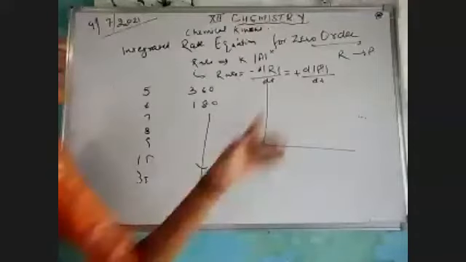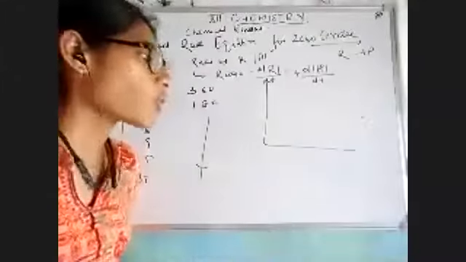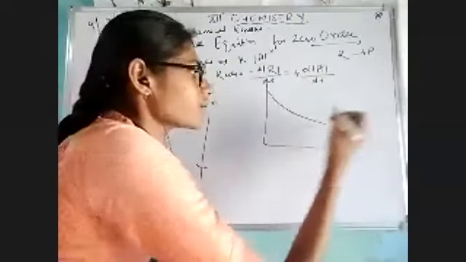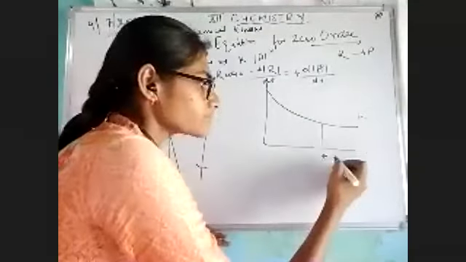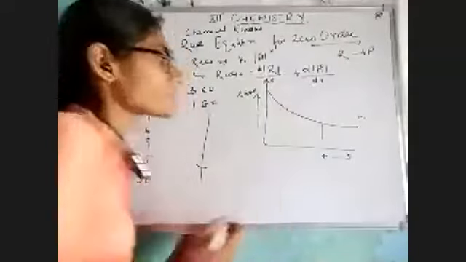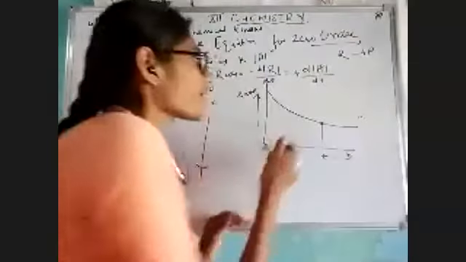Writing the differential rate equation in a graph is very difficult, because we have to calculate the different types of reaction as well as their conditions with respect to time. Suppose I'm talking about a particular instantaneous time t.